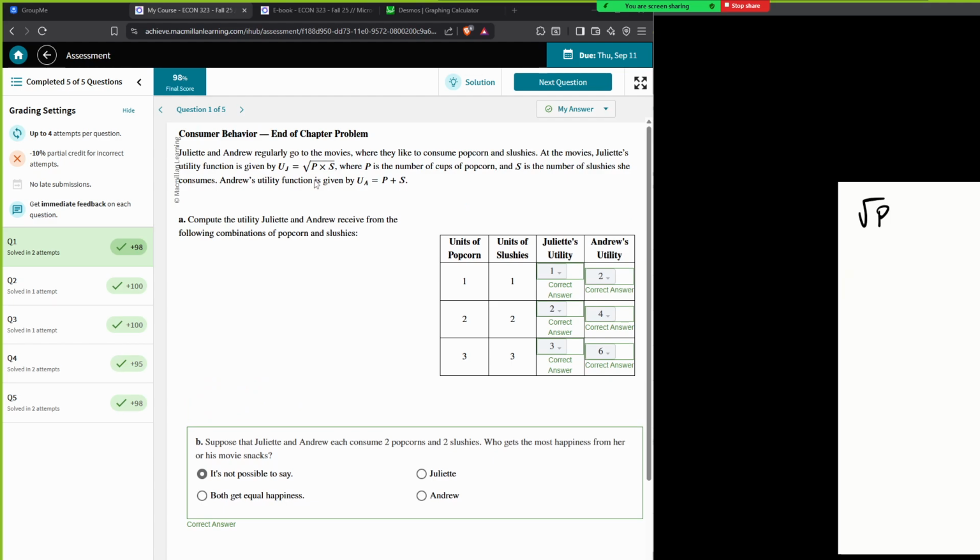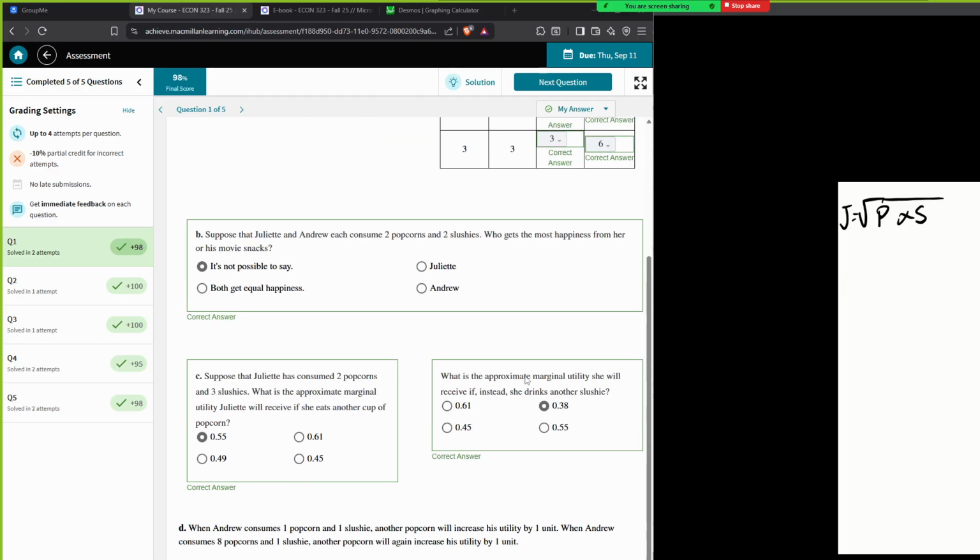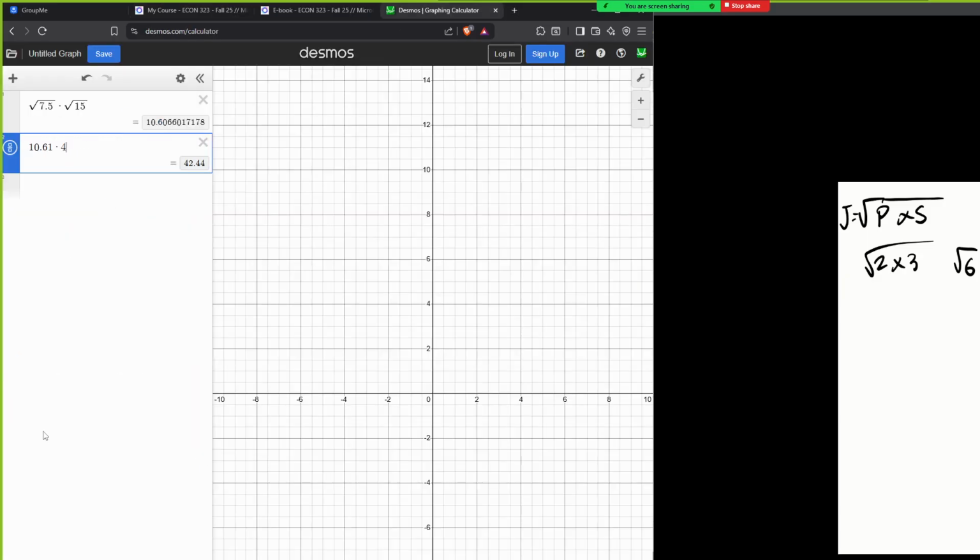Square root of P times S. So 2 popcorn and 3 slushies. So we're going to do 2 times 3, which is 6. So the square root of 6 is, let me see, square root of 6, 2.449.